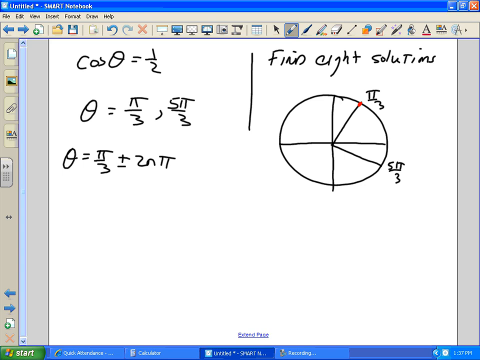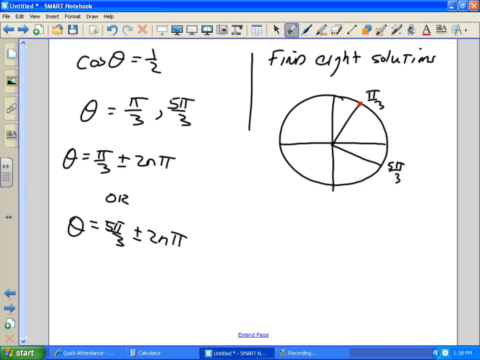So what does the n represent? The number of rotations. If I go 1 time around, it's 2 pi. 2 times around, it's 4 pi. 3 times around, it's 6 pi, and so on. So I get theta is equal to pi over 3 plus or minus 2n pi, or theta is equal to 5 pi over 3 plus or minus 2n pi. Are you good with that?